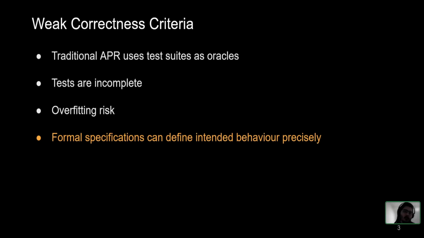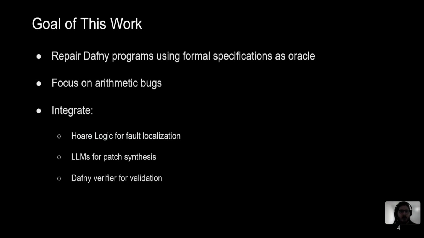In contrast, formal specifications express the intended behavior precisely with structures like pre and post conditions, and they can serve as a much stronger oracle for verifying the correctness of the program. Our idea is to bring that strength into the APR process.